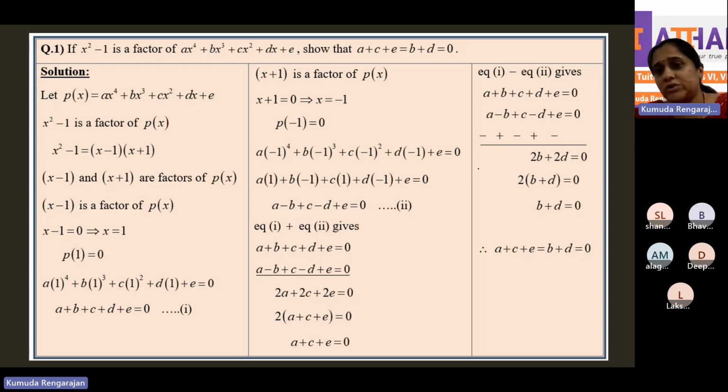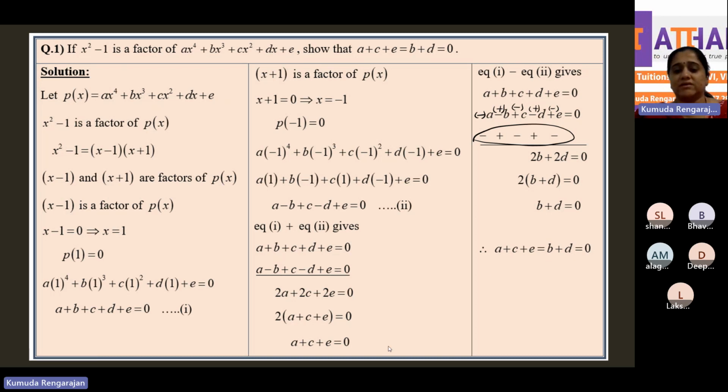Now subtract the two equations. So write the same two equations, this one and this one below the other, and change the signs in the second equation. So now A minus A gets cancelled. Now this is plus B, minus B. This is plus, this is minus.